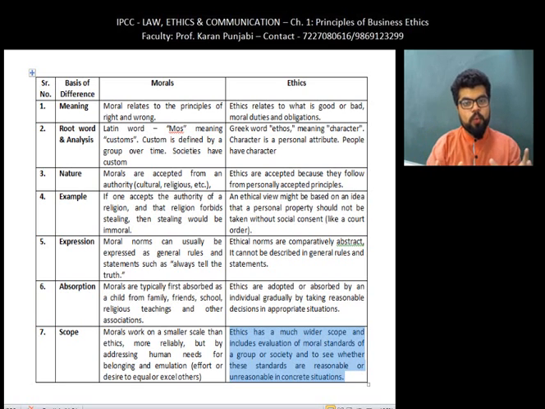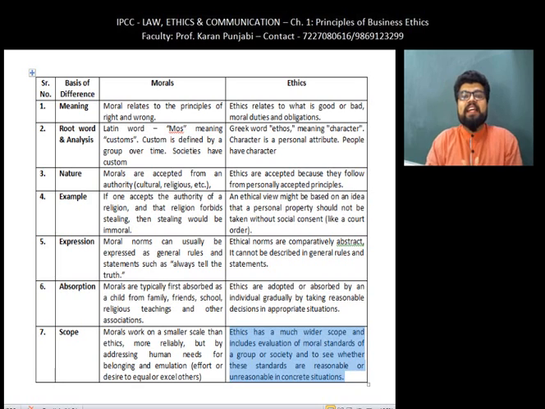So to conclude, we can say that morals is something that is related to the society, which we accept from an authority and from our customs. Ethics is something which comes from within. It is more about the individual, it is more about character.